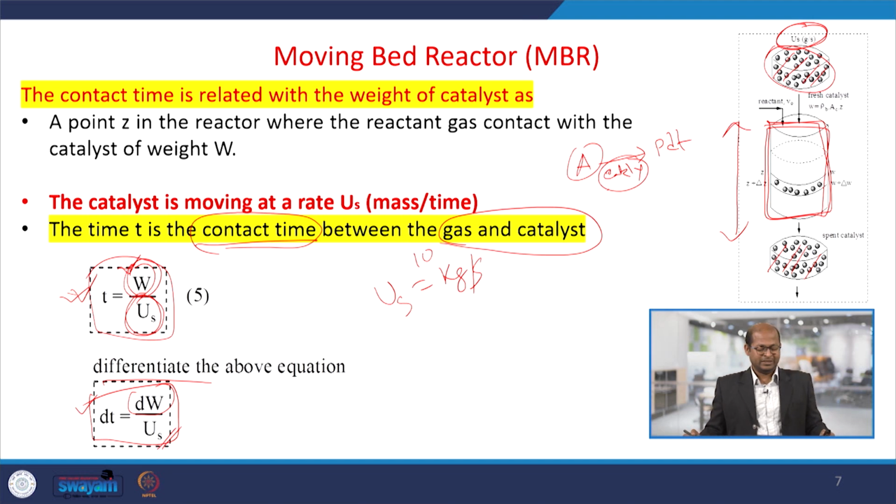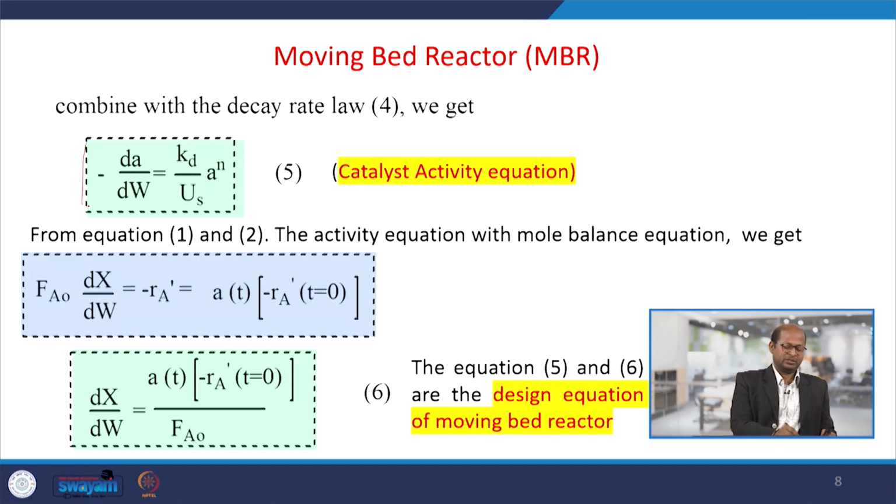Then we get minus dA by dW equals Kd by Us times a to the power n. This is the catalyst deactivation rate law, or catalyst activity equation. Equation 5 is the catalyst activity equation.